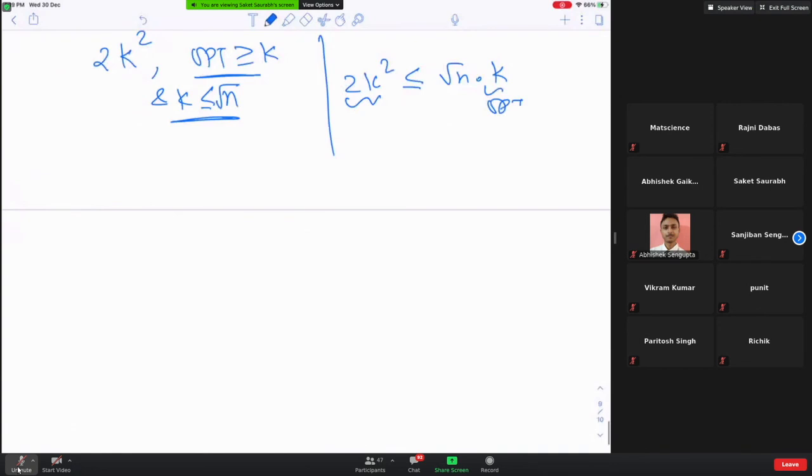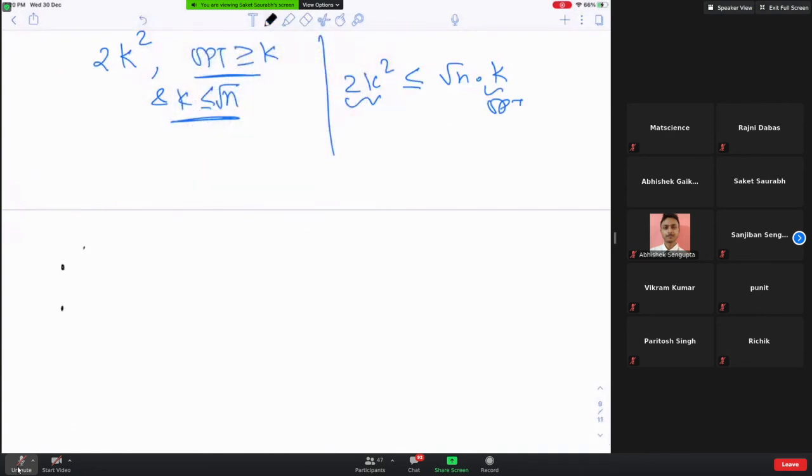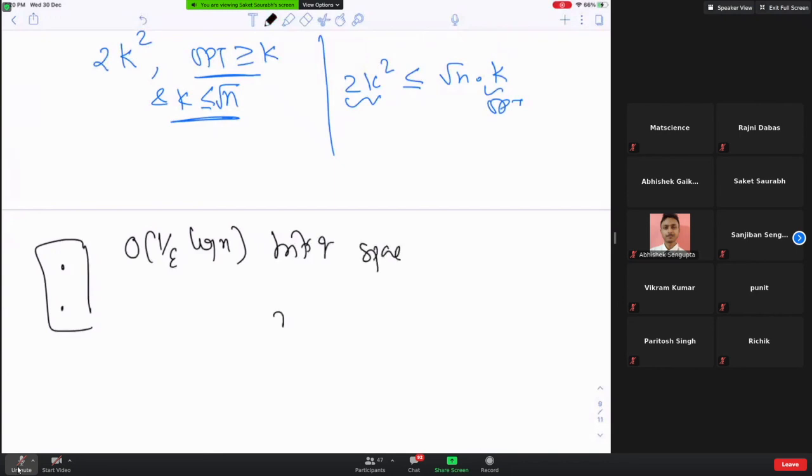What we can achieve, and this is also a very good exercise to read if someone wishes to, is that you can actually compute minimum vertex cover using 1 by epsilon log n bits of space and achieve n to the power epsilon approximation factor. Okay, but the running time also depends on this epsilon. So this is a caveat that you have to be worried about. But this is an algorithm which I did not tell you.